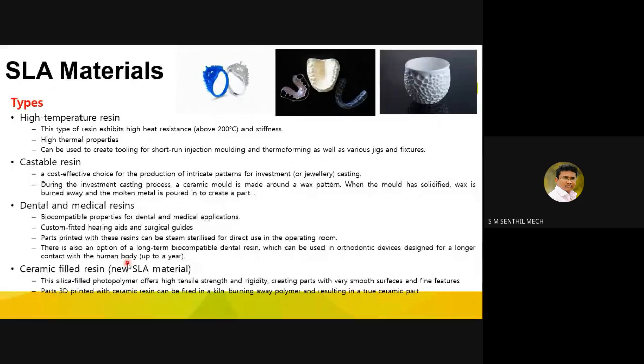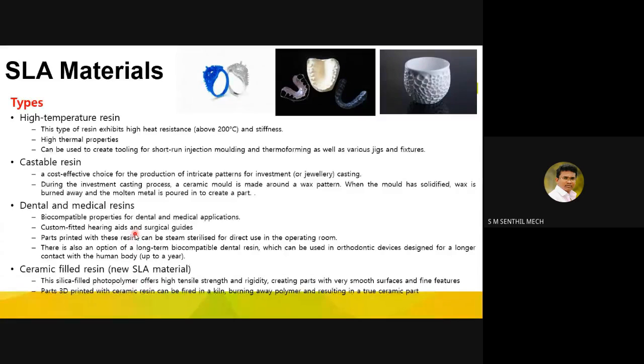There are a variety of parts to guide your teeth growth. For example, for 5 or 6 months, they have to use a clip. Those clips must have biocompatibility, and must be designed based on the patient's mouth. Such applications will use these resins.